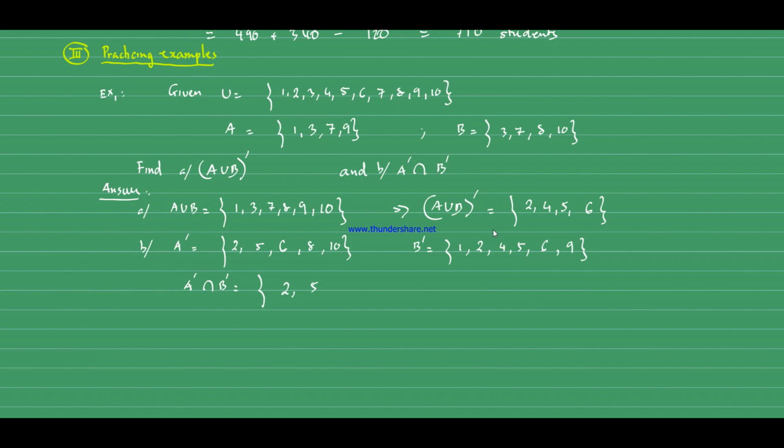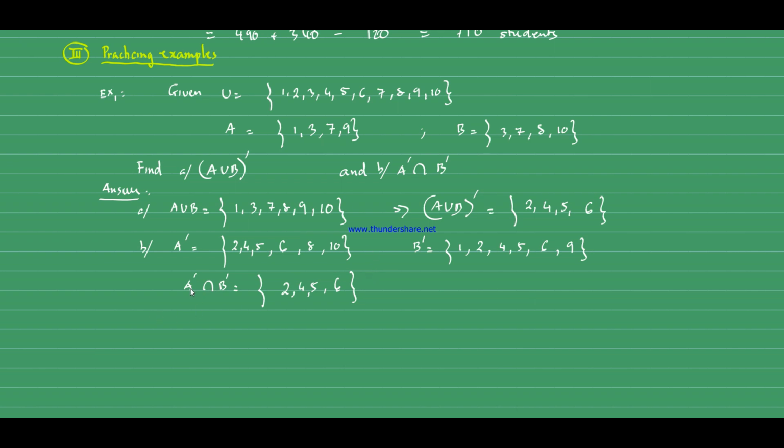I think I missed something. For the complement of A, I missed the number 4. I'm sorry. So the complement of A is 2, 4, 5, 6, 8, 10. The complement of B should be 1, 2, 4, 5, 6, 9. So the intersection will be 2, 4, 5 and 6. Here you go. You have to be careful, because if you miss one of the elements, then the whole thing's wrong.